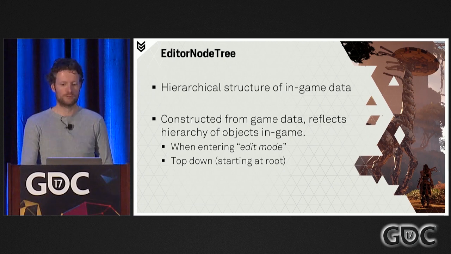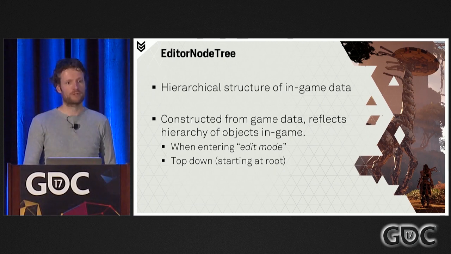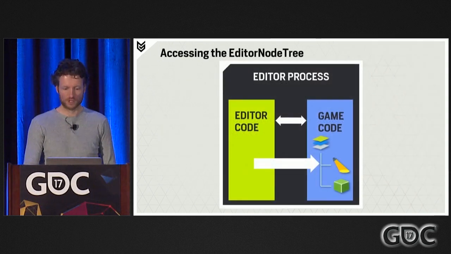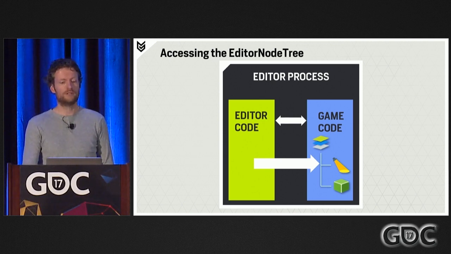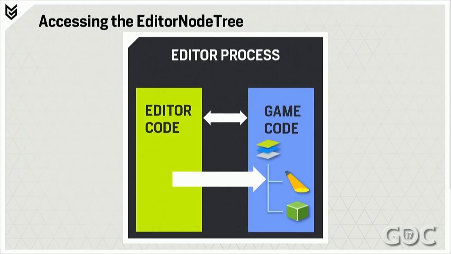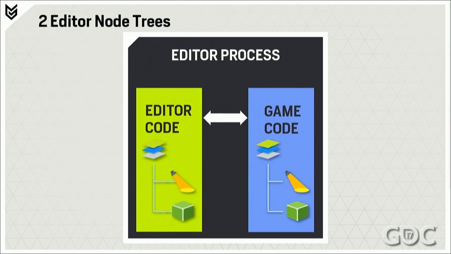The tree is constructed top-down, starting at the content root, and reflects the content that is currently loaded in the game. So having a single editor node tree, as shown on the image here, would violate our earlier stated goal that the editor cannot directly modify game data. The tree structure is built up in-game and so should only be used by the code living in the game. So in order to facilitate editing hierarchical data, we actually have 2 editor node trees.